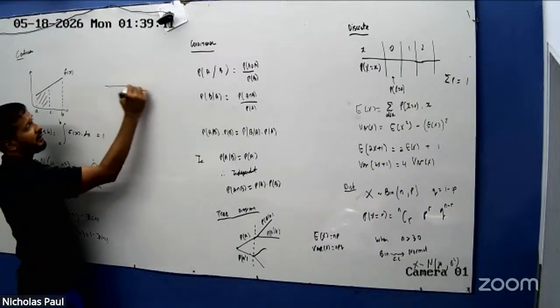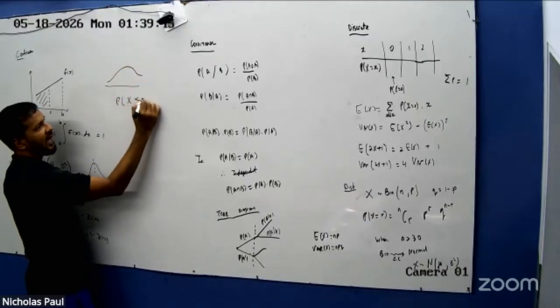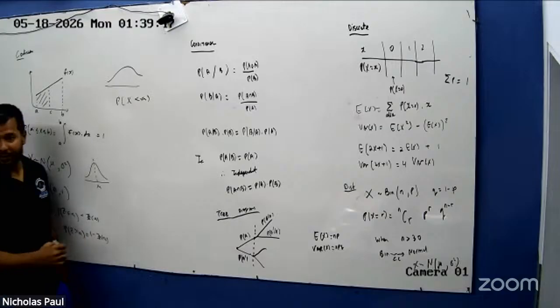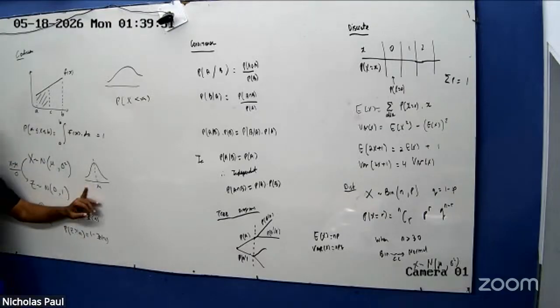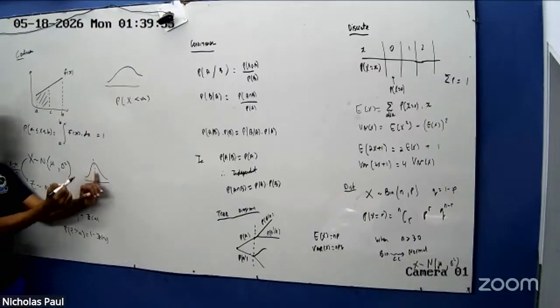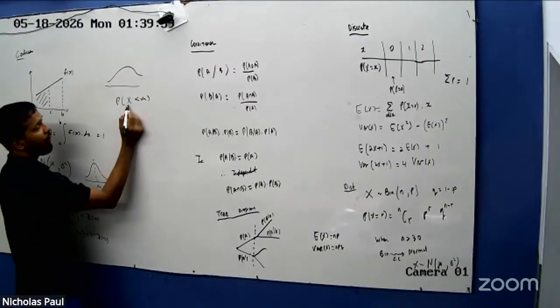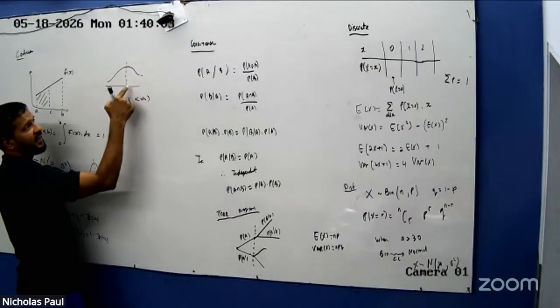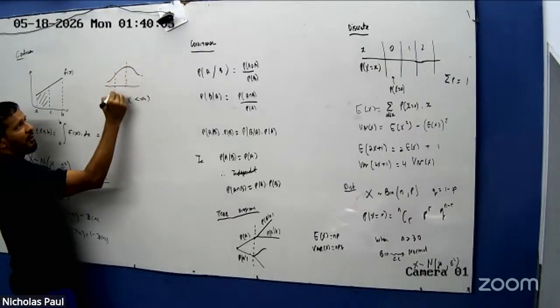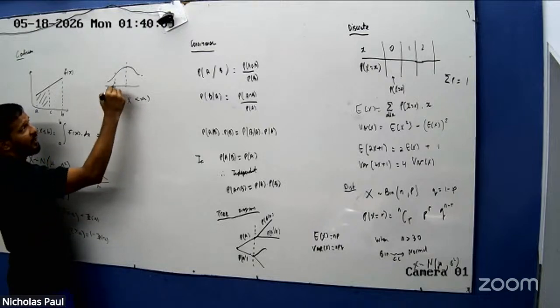More importantly, sometimes you would get things like this: phi of Z is less than negative A. Please remember that this distribution is symmetrical. So if you find an area here, it will be the same area on this side. Because here is positive, the negative will be right here.